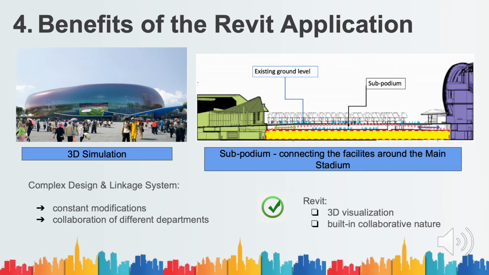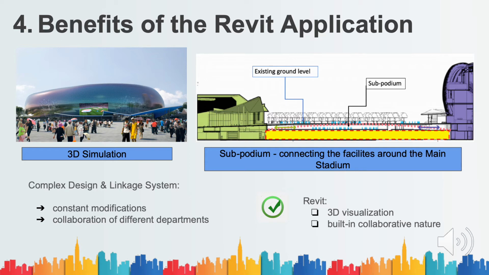As for the benefits of adopting Revit in our case, it provides a 3D simulation of the building. It is very important in a complex design structure like our case. Moreover, to achieve high connectivity with other surrounding facilities, the subpodium, located below the existing ground level, is proposed.